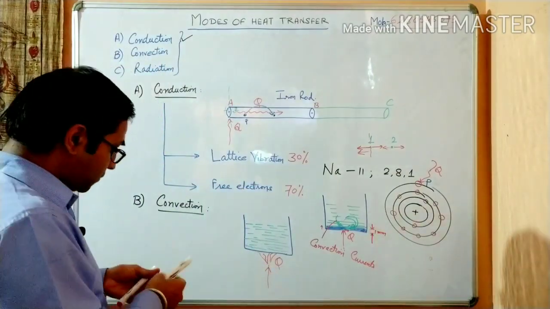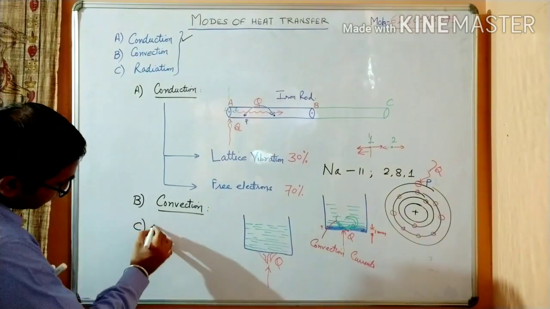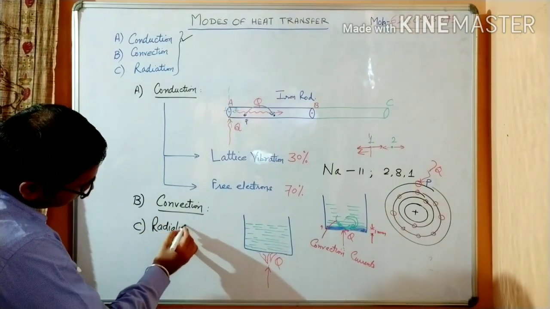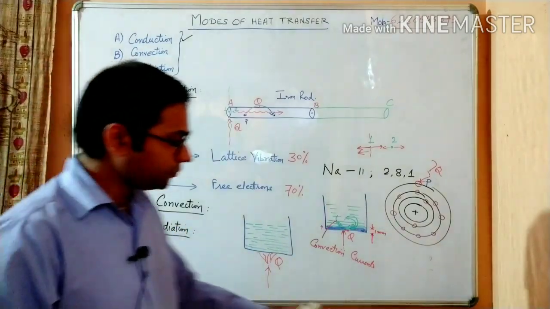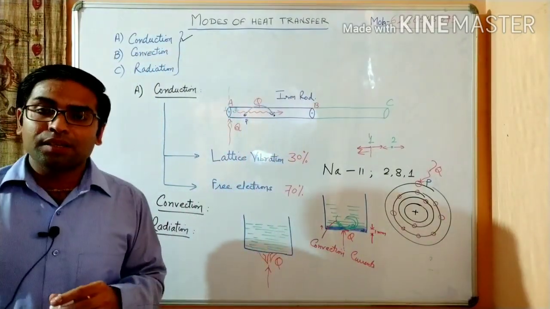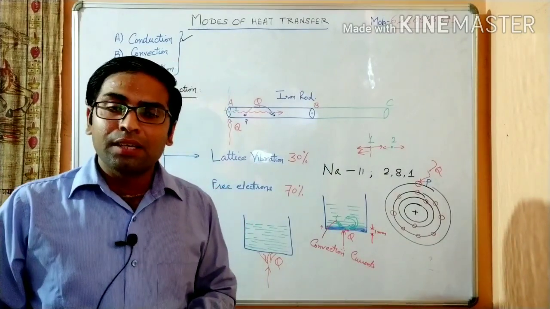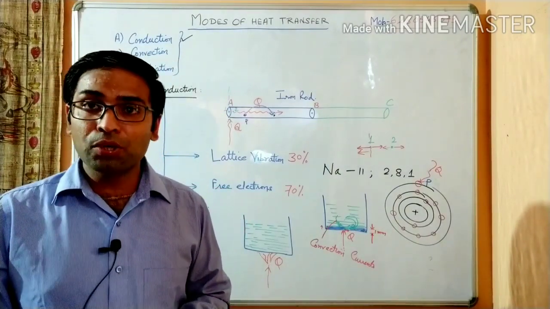Now we come to the last one, that is radiation. The radiative mode of heat transfer is very simple. Like we have the sun in our solar system, in our universe.